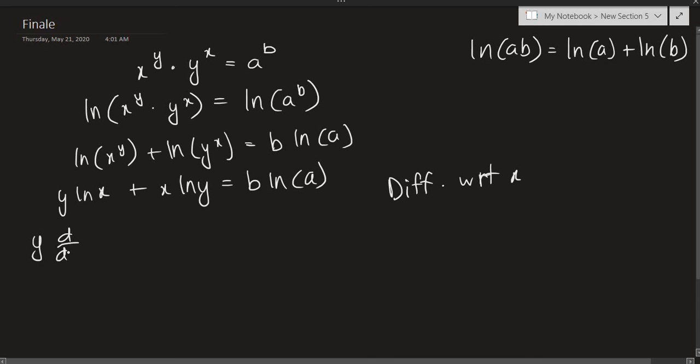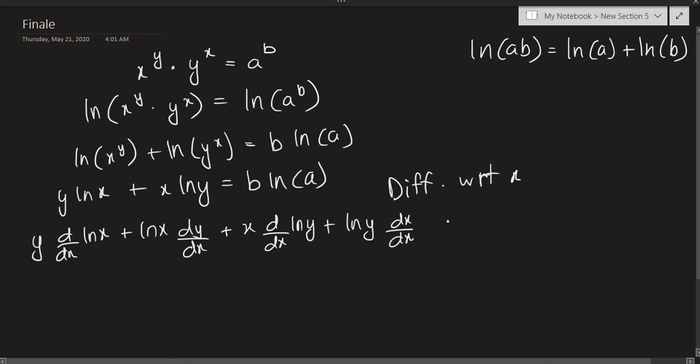Y times the derivative of natural log of x with respect to x plus natural log of x times dy over dx plus x times the derivative of natural log of y plus natural log of y times the derivative of x with respect to x, and the derivative of b times natural log of a is going to be 0 because b and a both are constants.